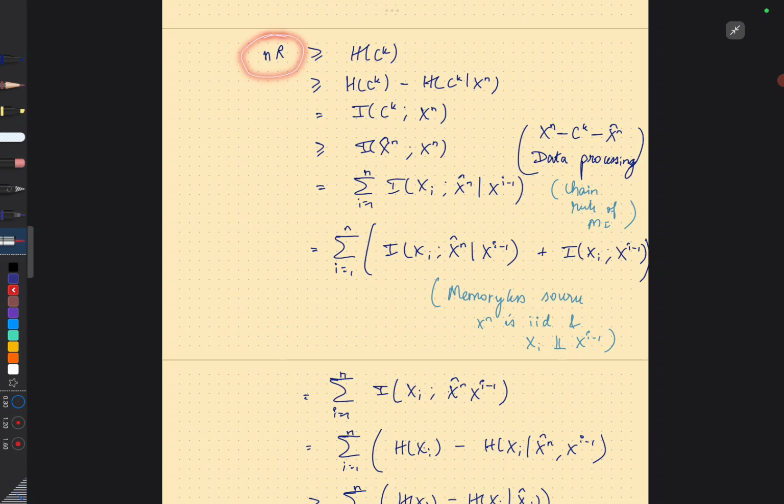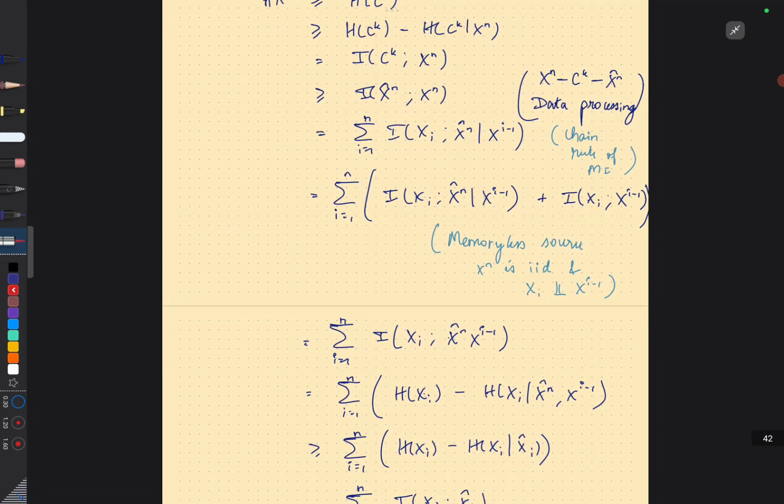You typically start with the rate, express that as some entropy, and expand that out either using some set of inequalities to get some kind of a mutual information, and then use the data processing inequality or Fano's inequality in some particular step.